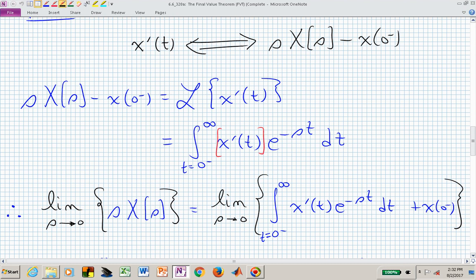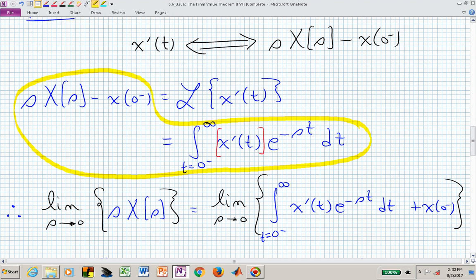Let's now add x of 0 minus to both sides of this particular equation. And really, let me not include the definition. We're really now looking at this expression. Let's now add x of 0 minus to both sides.